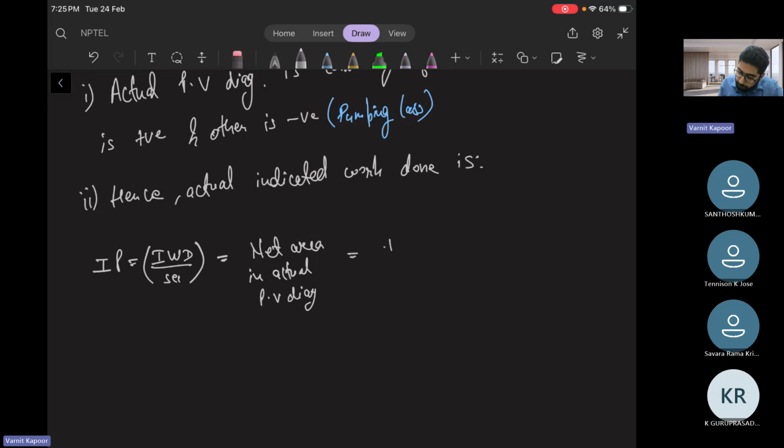It is nothing but your positive area, or gross work, also we can say gross work, positive area or gross work, minus the pumping loss.